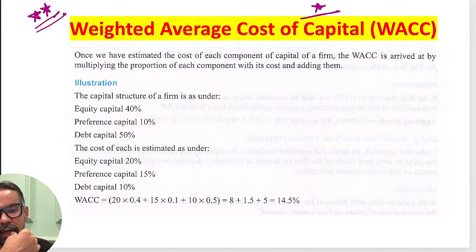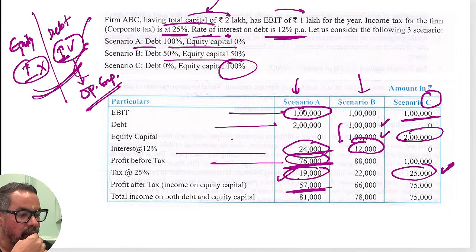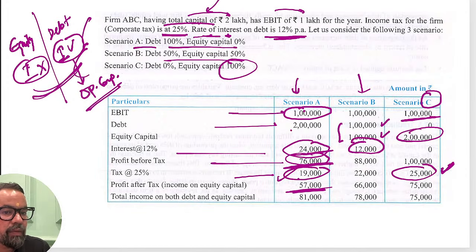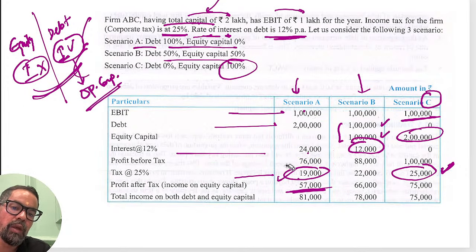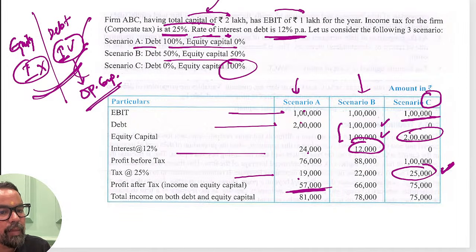The earning before interest and taxes is how much? It is 1 lakh.